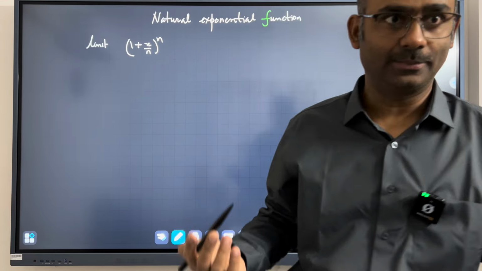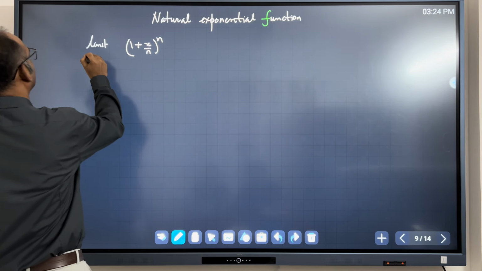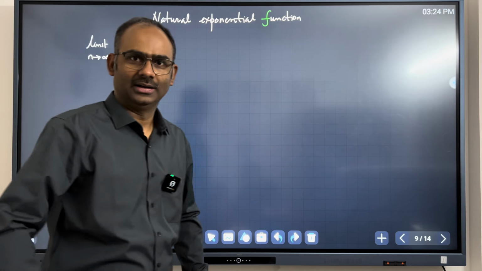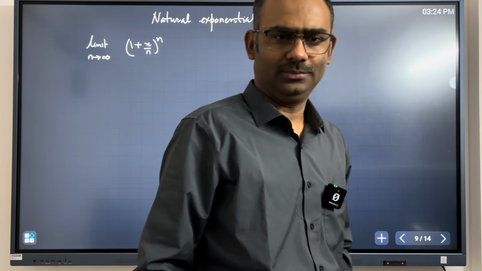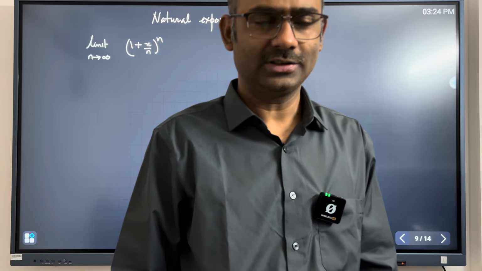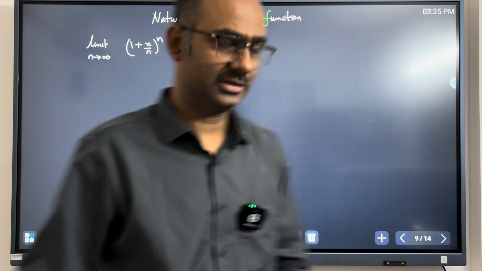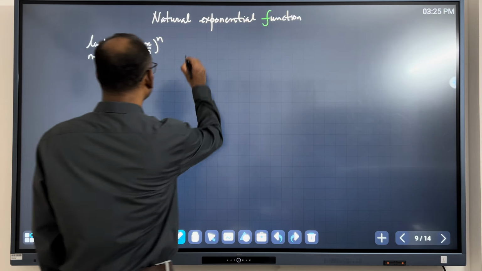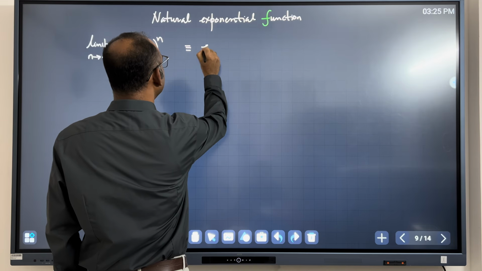So it will naturally come out, and then you will be able to identify it as a natural exponential function. I will not always say natural exponential functions. Sometimes I'll just say exponential function, and it will be understood. Is that okay? And that is what was defined to be.